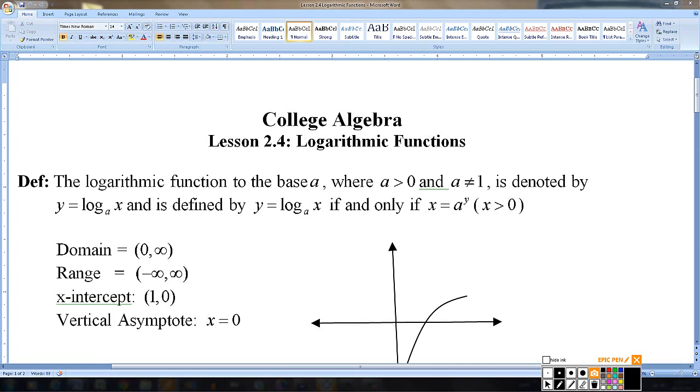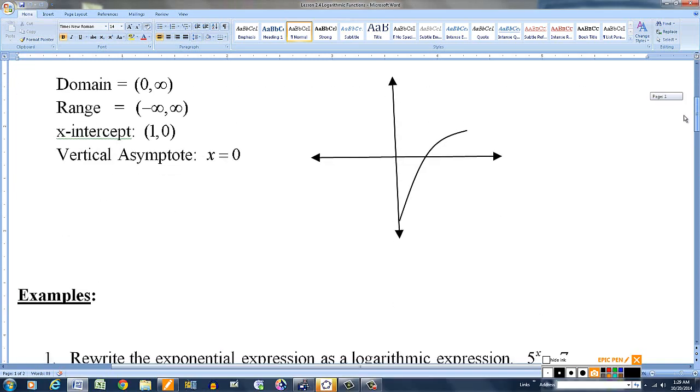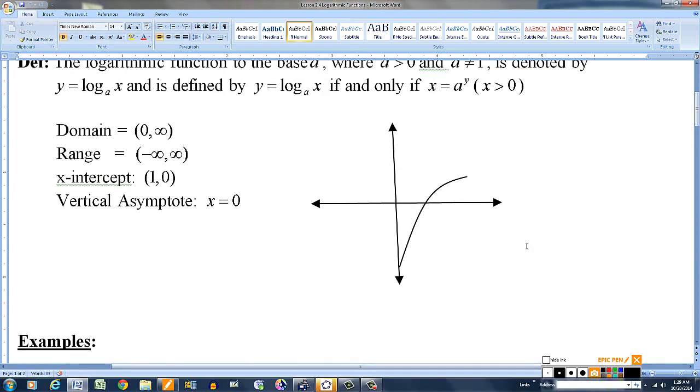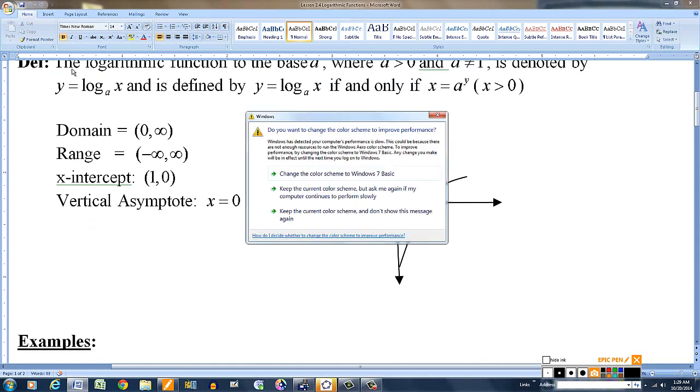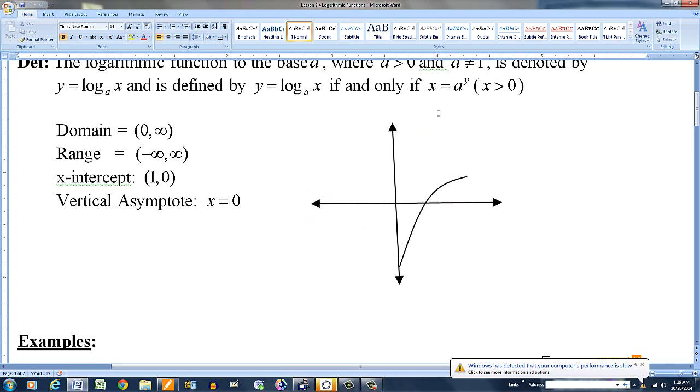Now, getting back to the graph that I have here. The graph of the logarithmic function, y equals log of x to base a. If the base is larger than 1, then like I have over here on the side, the vertical asymptote is going to be x equals 0. So the graph is going to approach this asymptote.